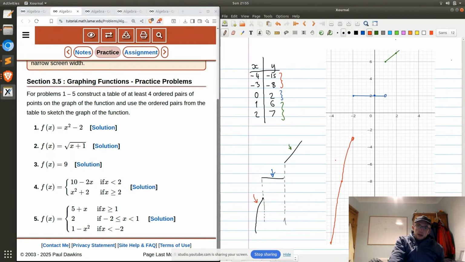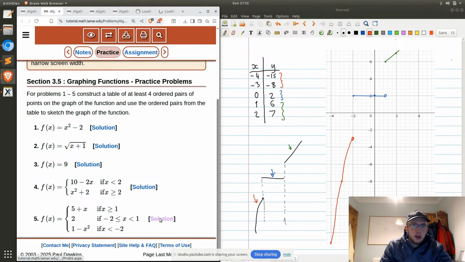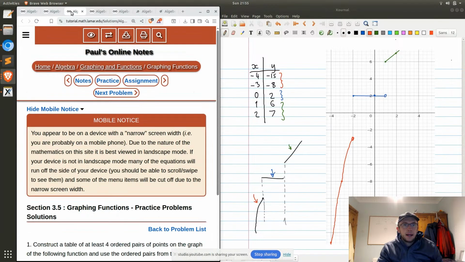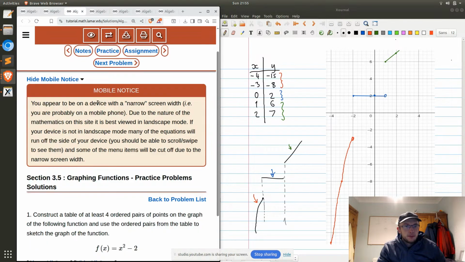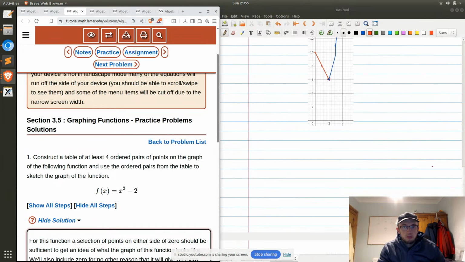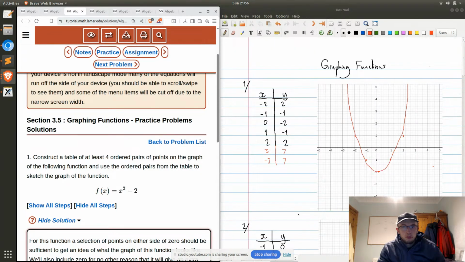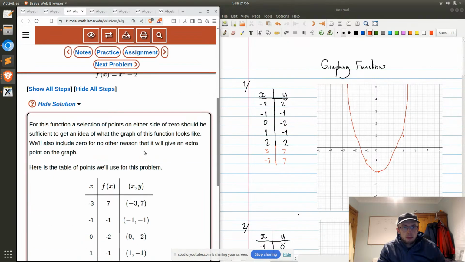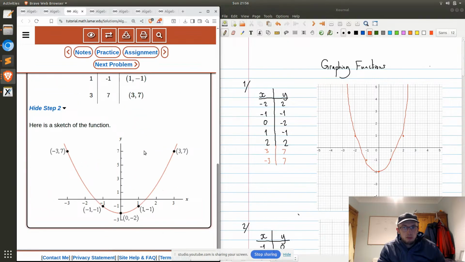So there it is, the 3-piece function. And now we should check all of these. Everything should be checked. Okay, we are in agreement.